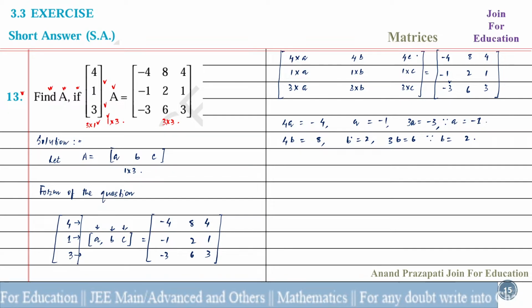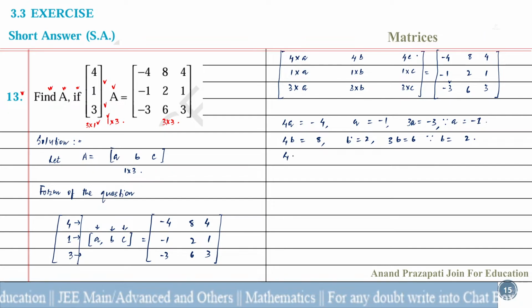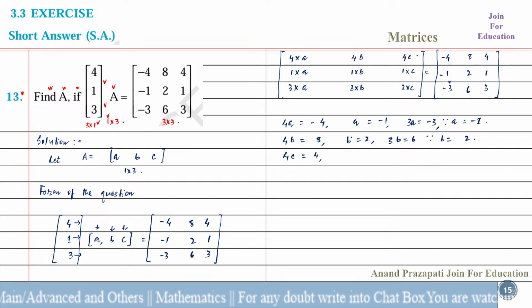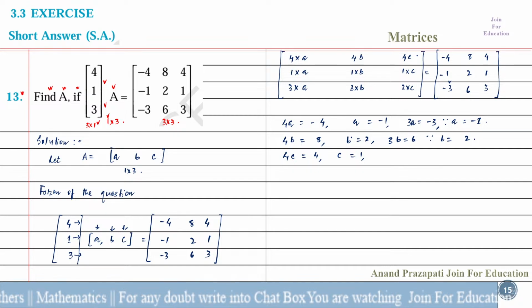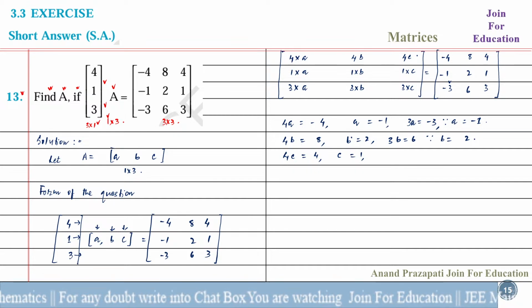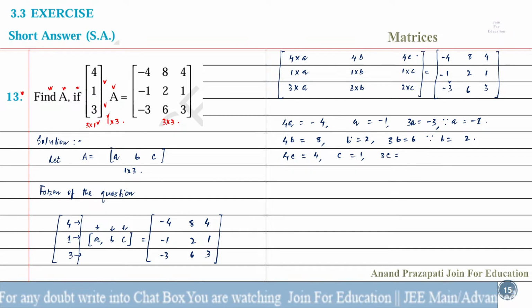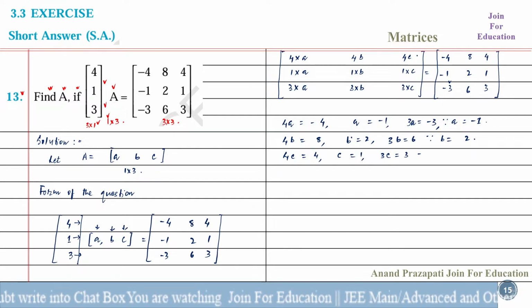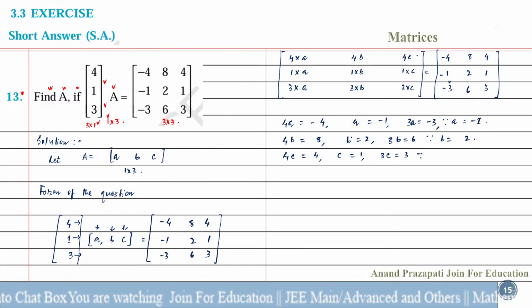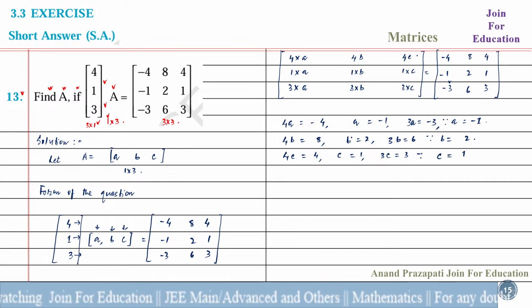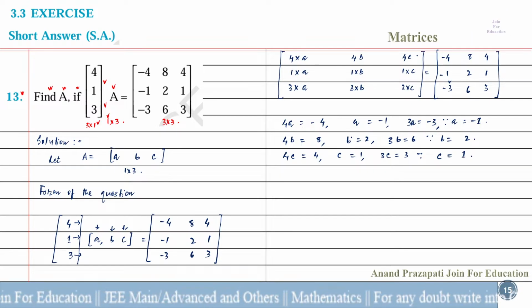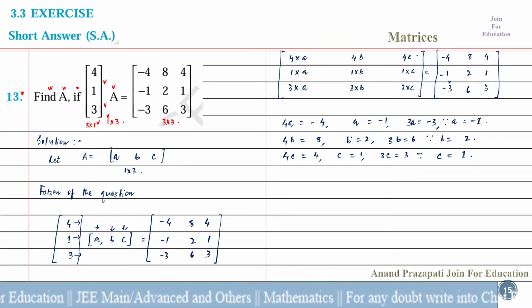Again we write down here 4c equal to 4, c equal to 1, and 3c equal to 3. In each solution we get c equal to 1. There is no problem to understand up to this step.